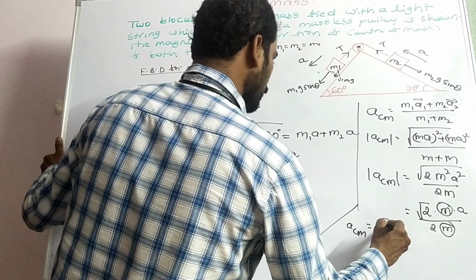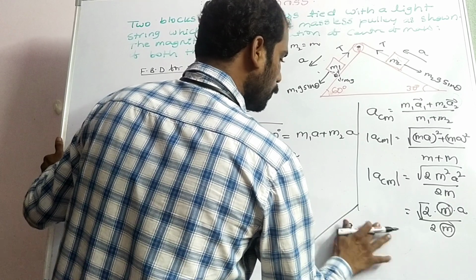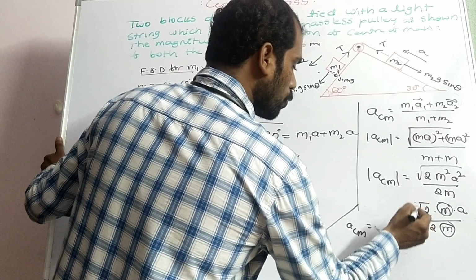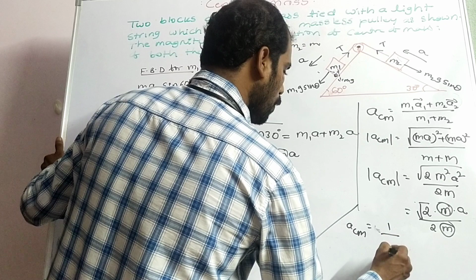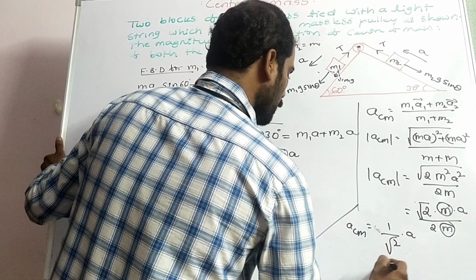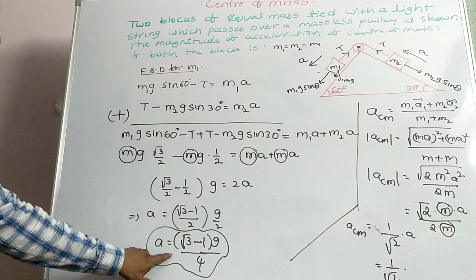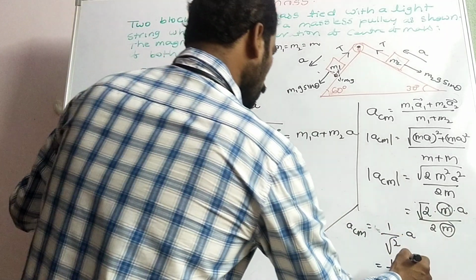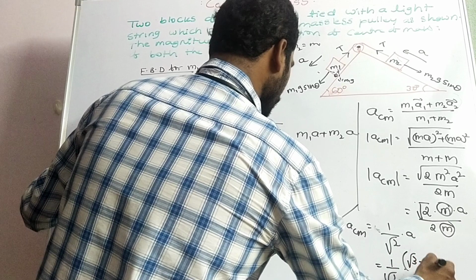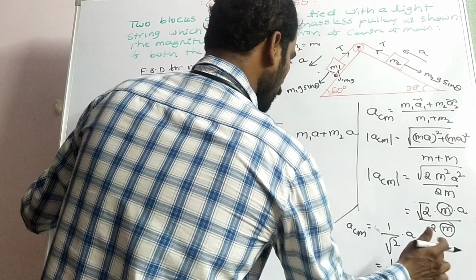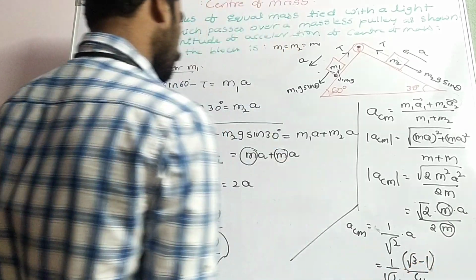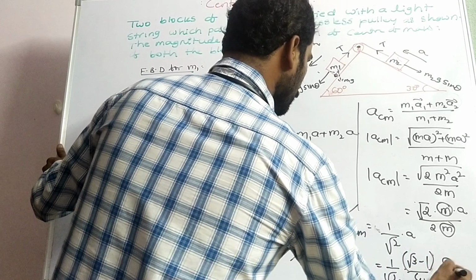Now ACM can be written as root 2 by 2, which can be written as 1 by root 2 into a. That equals 1 by root 2 into the expression for acceleration, (root 3 minus 1) by 4 into g.